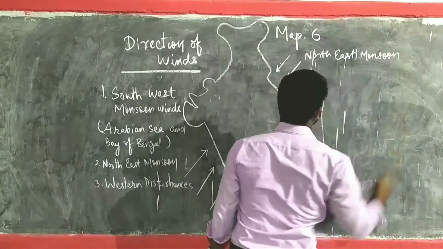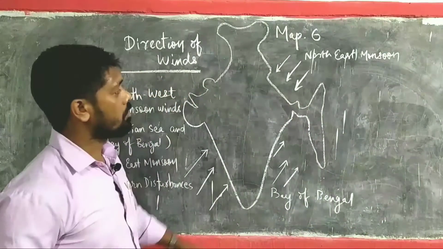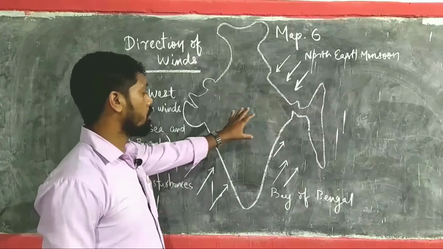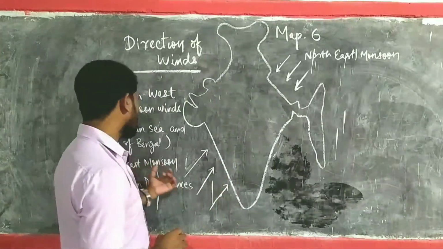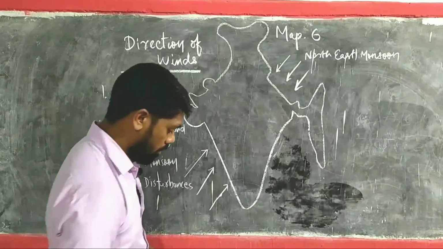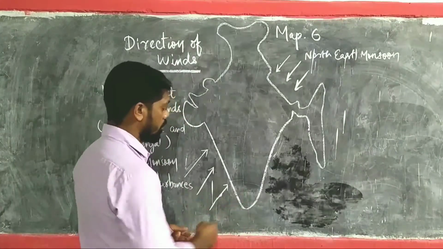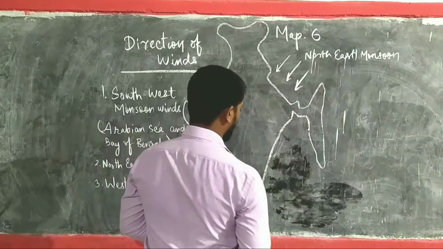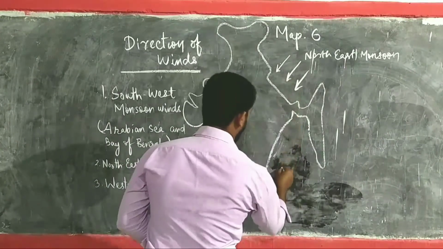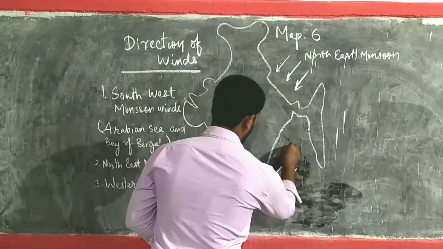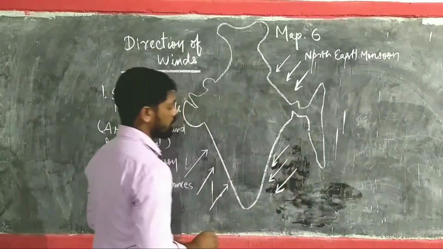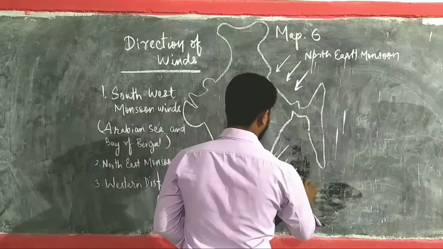Okay, this is how the direction of northeast monsoon is labeled. If the question asks to draw northeast monsoon on the Bay of Bengal or the eastern side of the Coromandel coast, it will be the same pattern as it is, right? So this is the same pattern as it is.